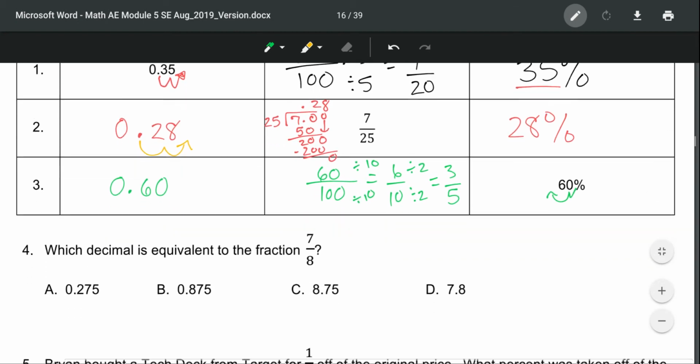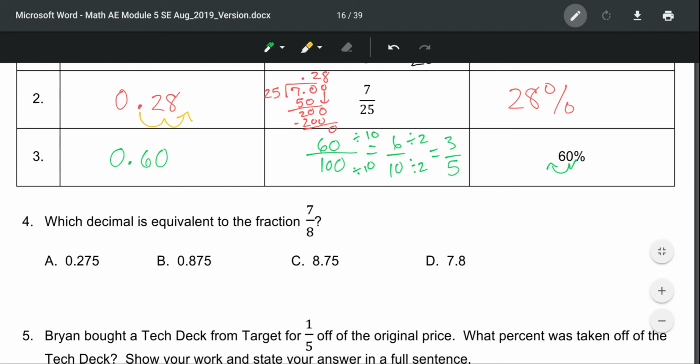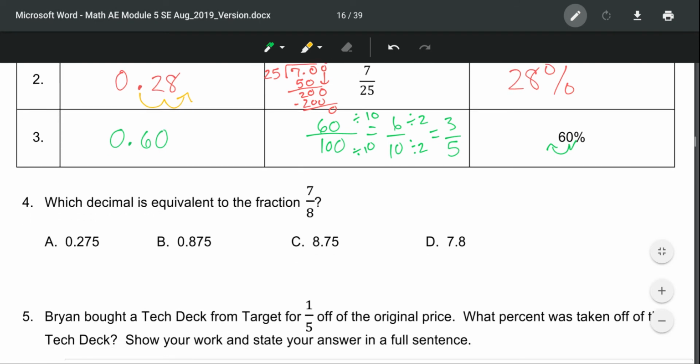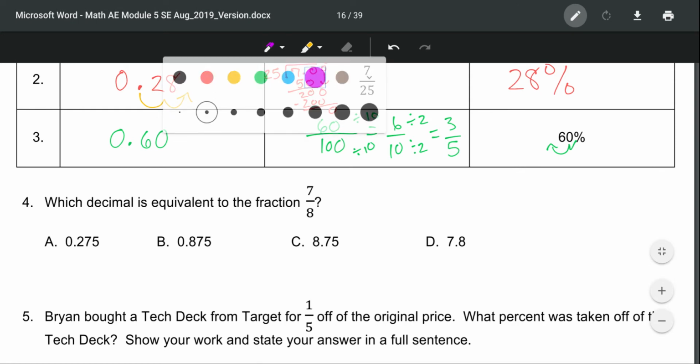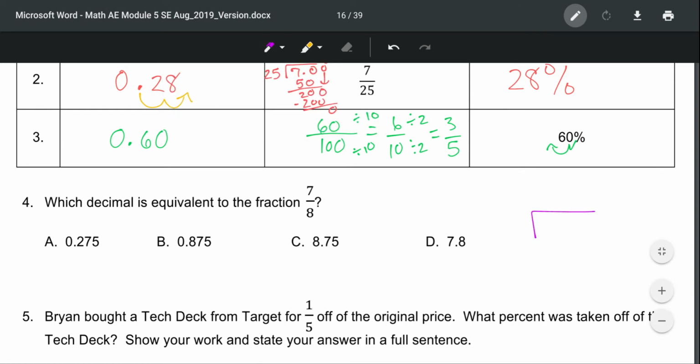Okay, number 4, which decimal is equivalent to the fraction 7/8? So what you want to do is divide the numerator by the denominator. So take 7 and divide it by 8. 8 doesn't go into 7, so add a decimal point, add a 0. 8 goes into 70 8 times. 8 times 8 is 64. Remainder of 6.